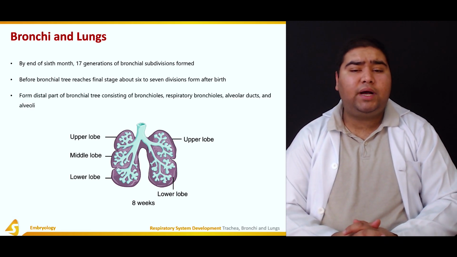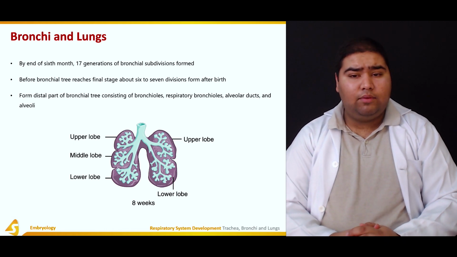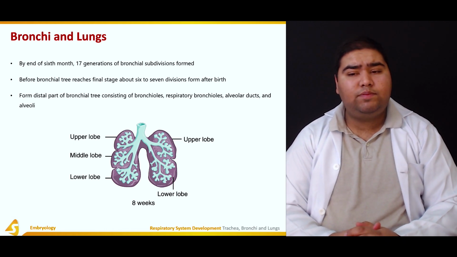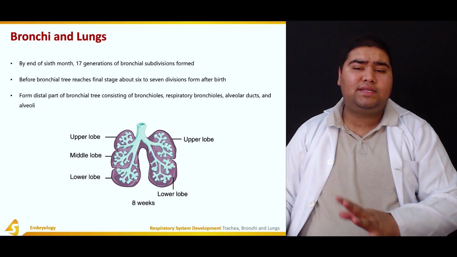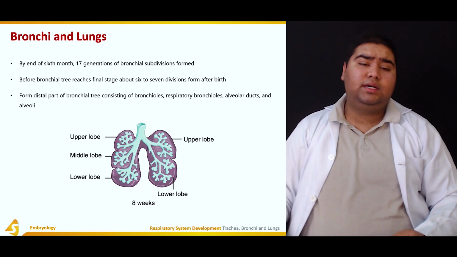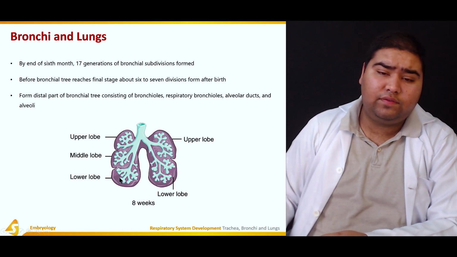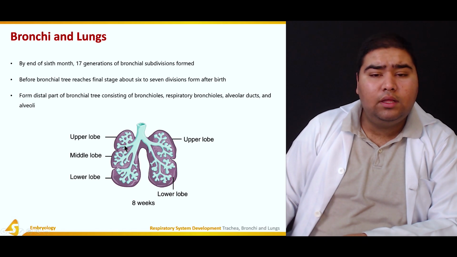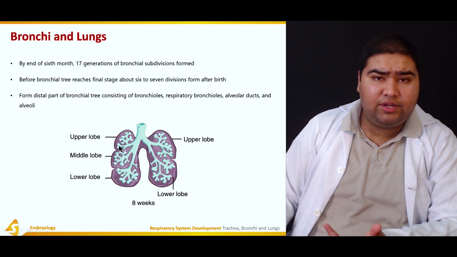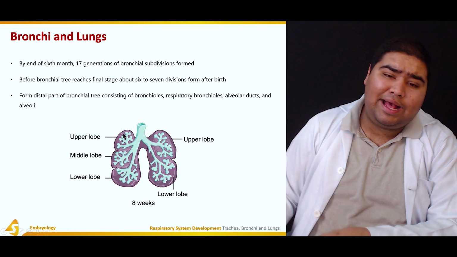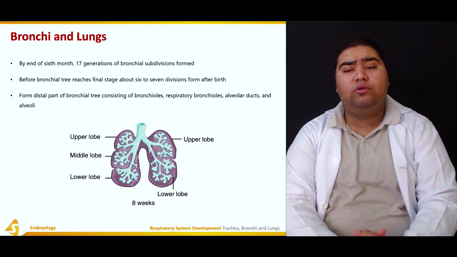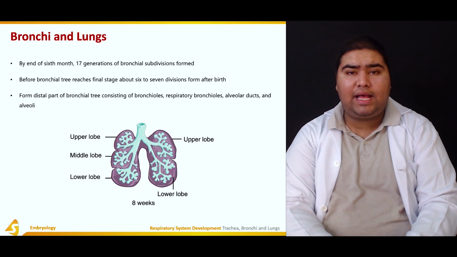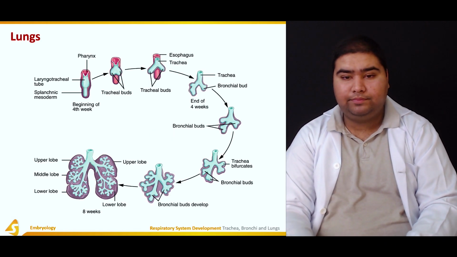These 6 to 7 divisions which occur after birth form the distal part of the respiratory tree, and the distal part consists of the bronchioles, the respiratory bronchioles, the alveolar ducts, and the alveoli.